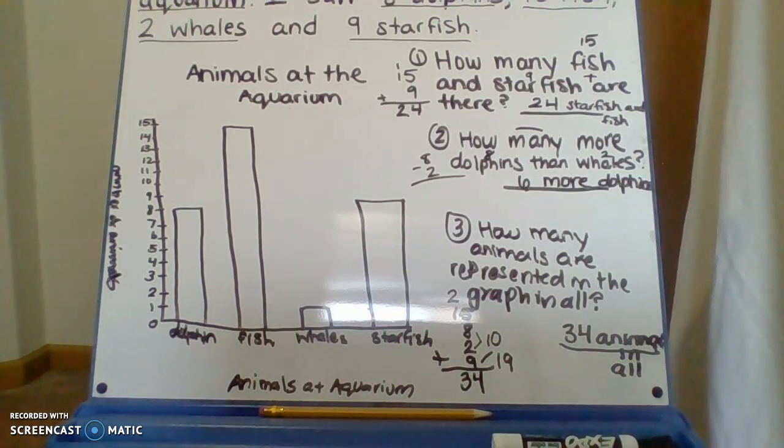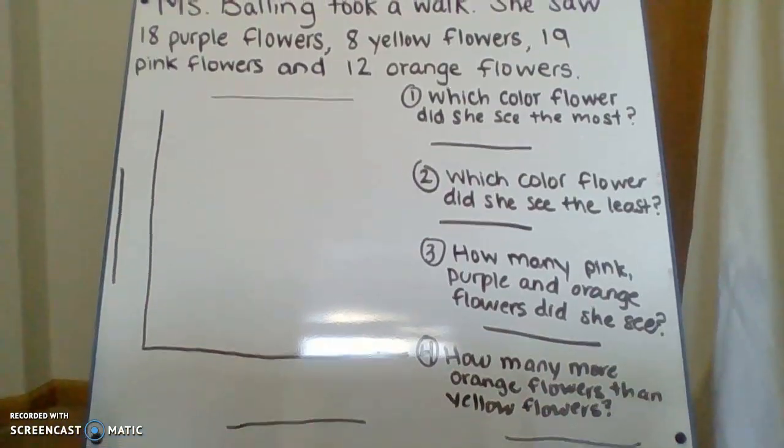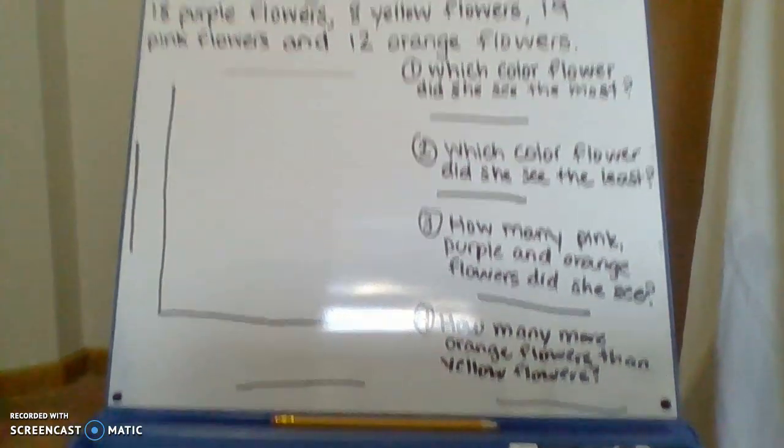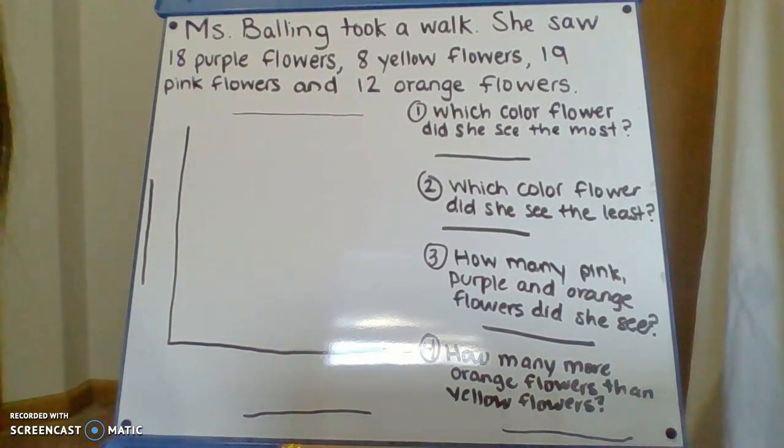I am going to give you one right now to solve on your own, just so you can see it. It says, Miss Balling took a walk. She saw 18 purple flowers, 8 yellow flowers, 19 pink flowers, and 12 orange flowers. I drew again the layout for your graph.